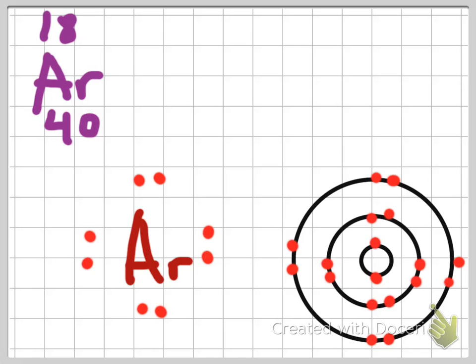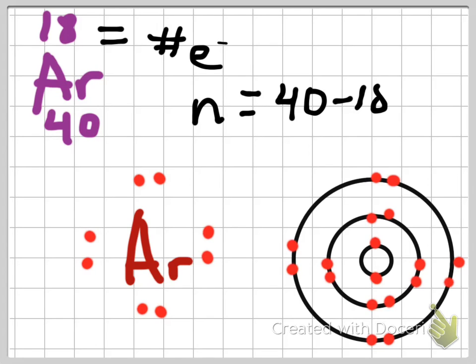It doesn't react, pretty much is happy with what it has. Once again, that's number of electrons, and the neutrons in this case would be 40 minus 18, and we have neutrons equal 22.